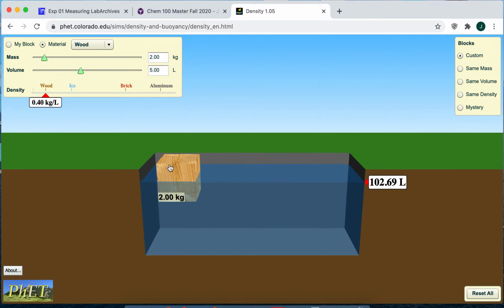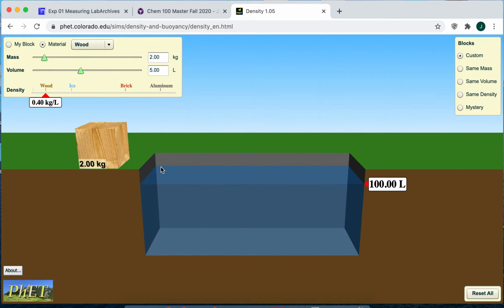Okay, so in this simulation, it shows you different materials and it helps you to calculate the density.